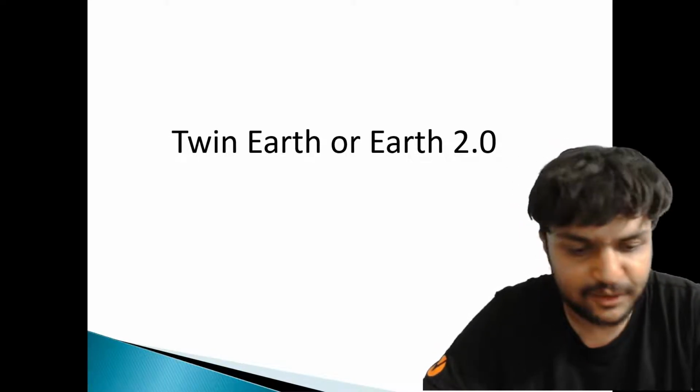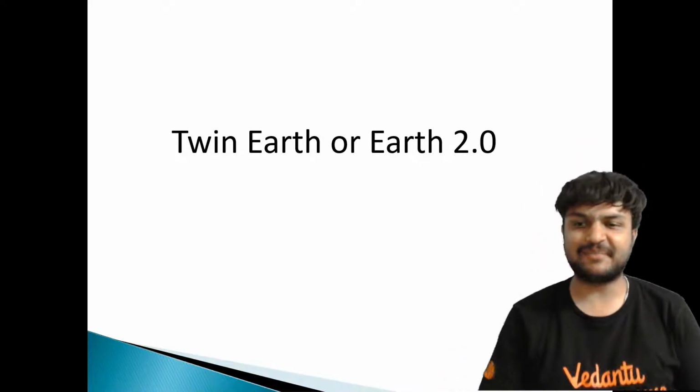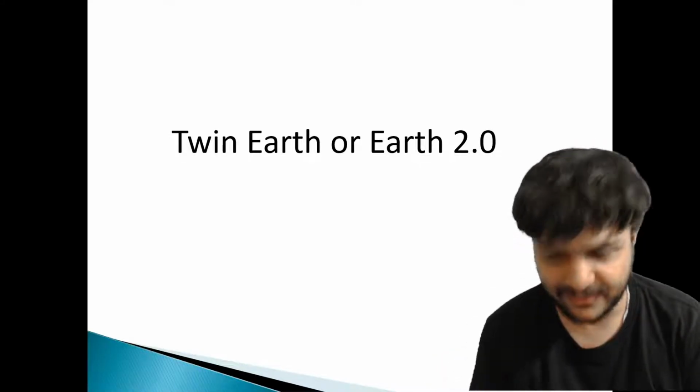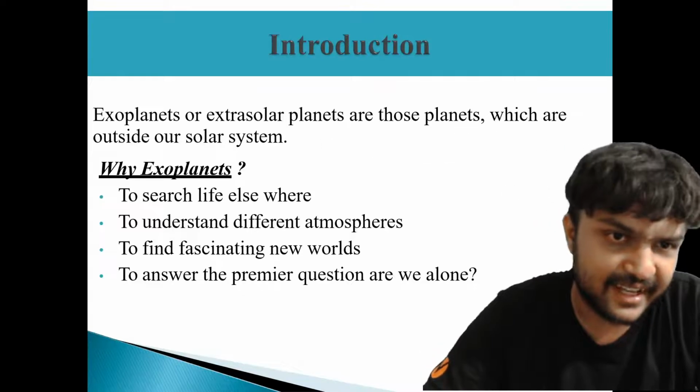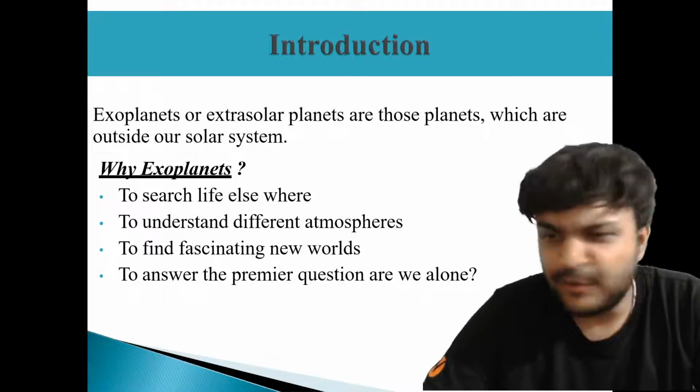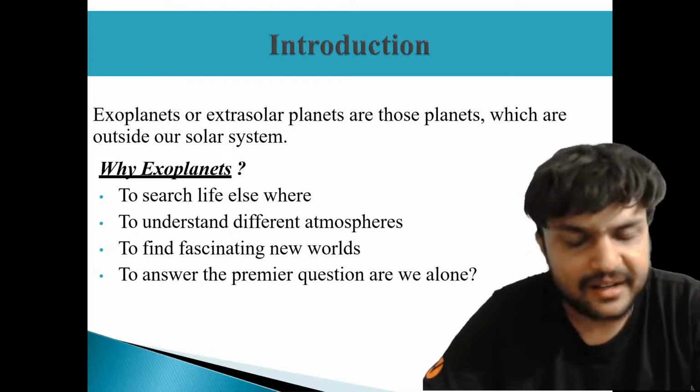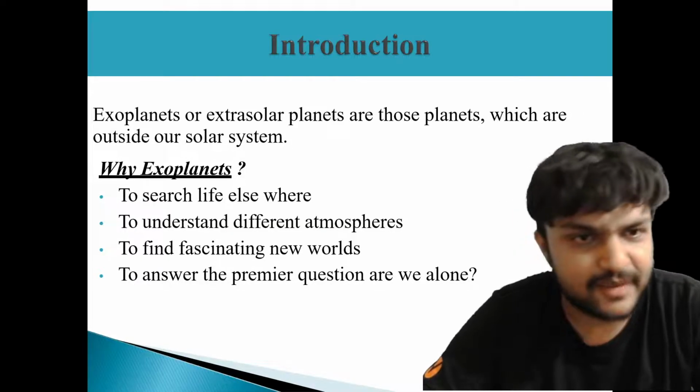Hi. So we are going to talk about Earth-like planets and different types of exoplanets, basically. So why are we looking at this in detail? We saw in Olympiad that there were questions based on exoplanets.